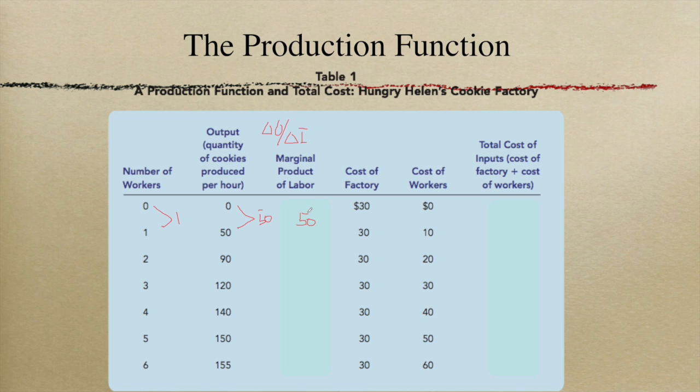Marginal product is 50. So I go from 1 to 2. My number of workers increases by 1. My output increases by 40. My marginal product is 40. Here it's 30. If you notice, my number of workers is always increasing by 1. Then 20, 10, and then 5.